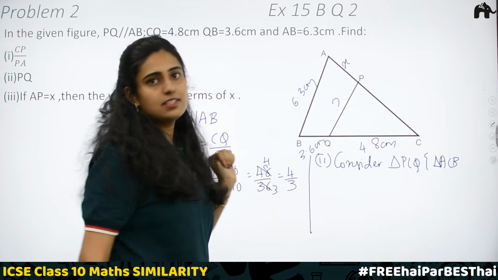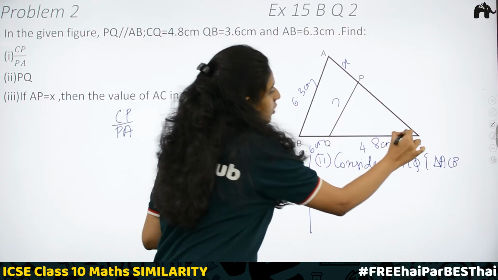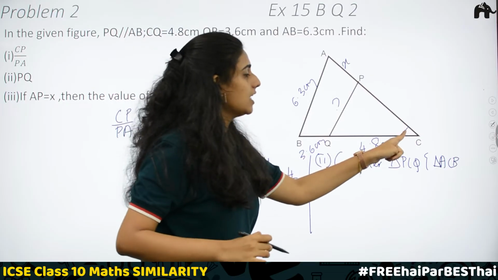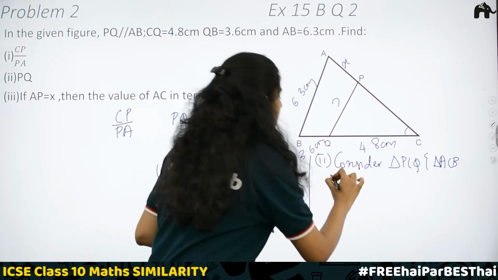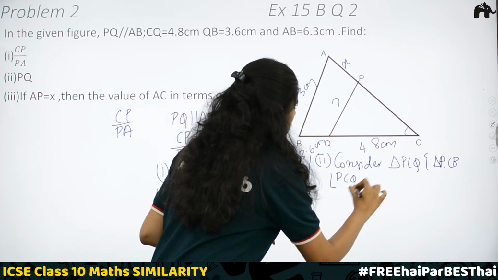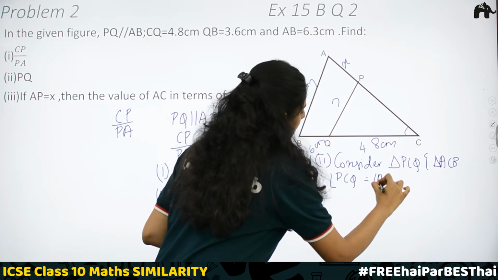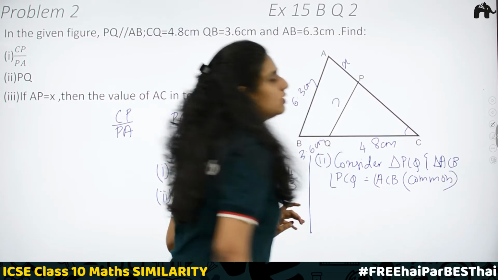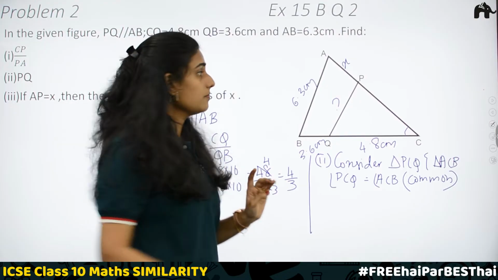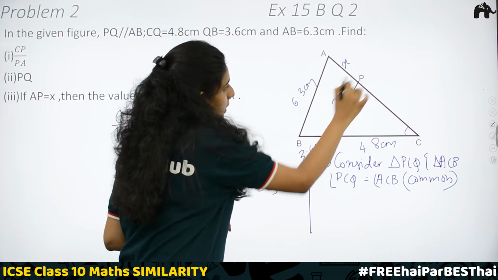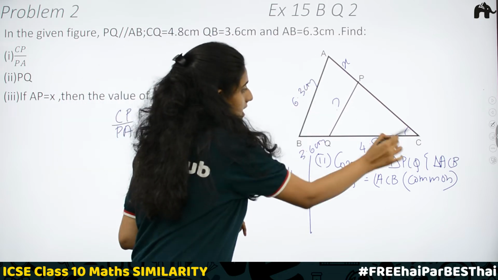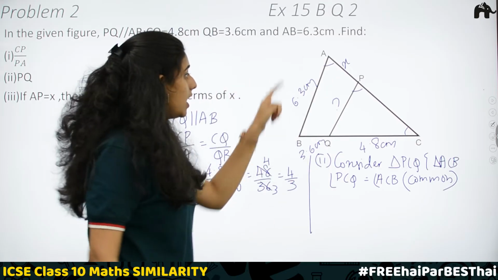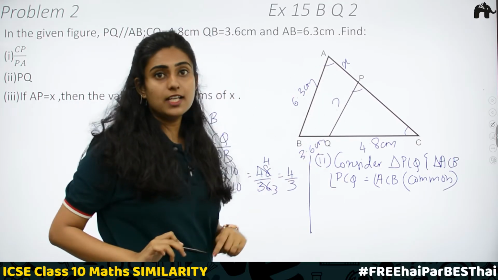How can I show they are similar? When you consider angle PCQ and angle ACB, this angle is common to both the triangles. That is, angle PCQ is equal to angle ACB. Reason, this angle is common to both triangles. What else? Here we have two parallel lines AB and PQ, and AC is a transversal cutting these two lines. In that case, we get corresponding angles.